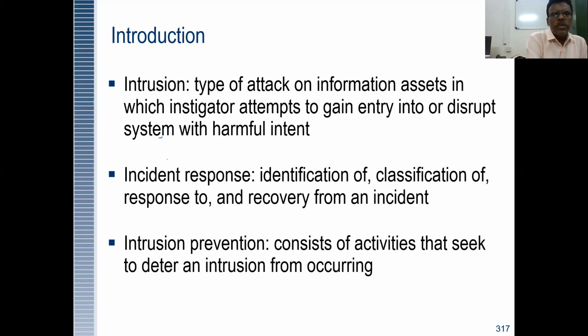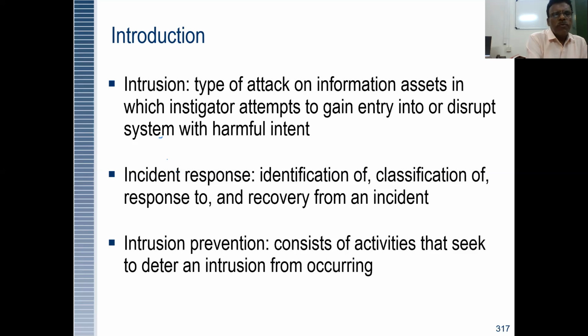Attacks which are going to be found interact with various assets of the information purposely, which are going to disrupt the whole system, and obviously the impact of that is harmful to the organization. Incident response: identification of, classification of, response to, and recovery from an incident.